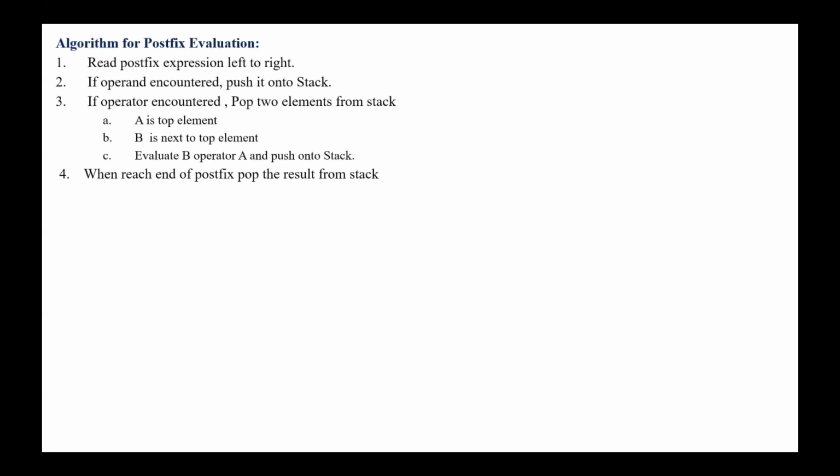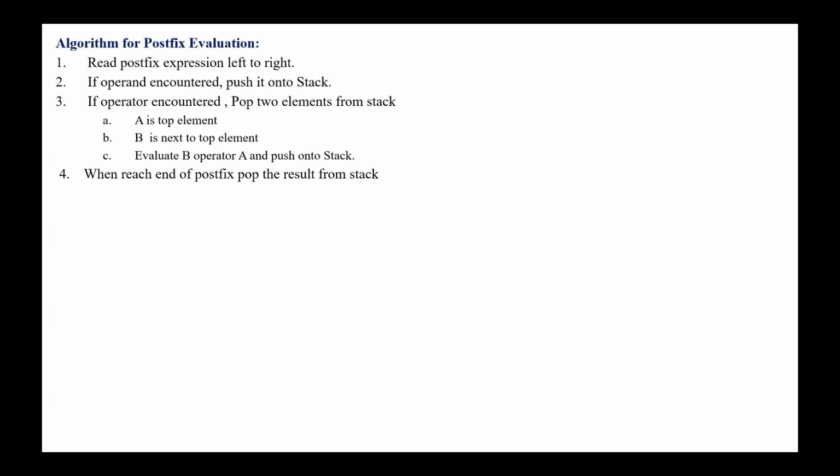Next, what is the algorithm? How do we perform the postfix evaluation? First we read the postfix expression, which is converted from the infix expression, from left to right. If an operand is encountered, we push it into the stack. If an operator is encountered, pop two elements from the stack, and make A the top element and B the next to the top element.